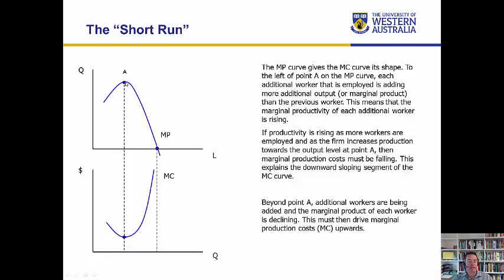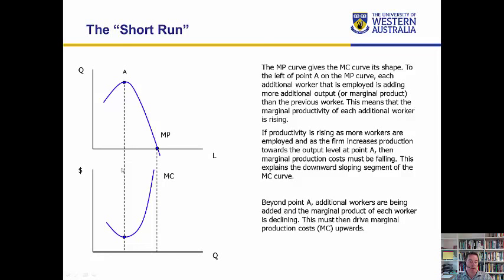Once you go beyond point A in the top diagram, all of the potential gains from specialization have been exhausted, and because of the fixed amount of capital, adding more and more workers allows you to increase production, but the productivity of each additional worker starts to fall. Okay, so that motivates the shape then of the marginal cost curve.